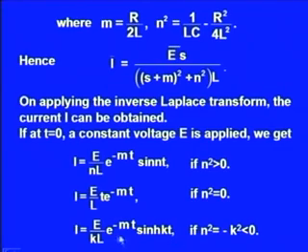So, when we multiply by e to the power minus m t and take the Laplace transform, we will get k over s plus m whole square minus k square, and so the inverse Laplace transform here will give us I equal to E by k l into e to the power minus m t into sin hyperbolic k t if n square is equal to minus k square, where we are assuming that 1 by L c minus r square by 4 l square is less than 0.